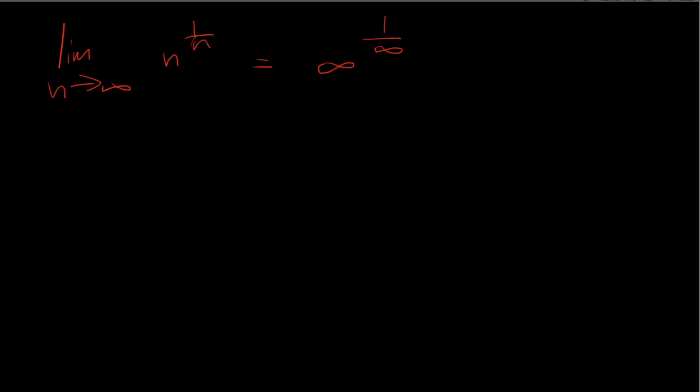The key to solving this problem is to rewrite n to the 1 over n as e to the ln of n to the 1 over n power. The reason I'm going to do this is because if I have something like e to the ln of x, this is x, because I'm composing two functions that are inverses of each other.